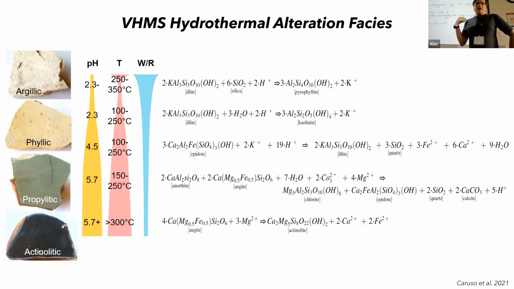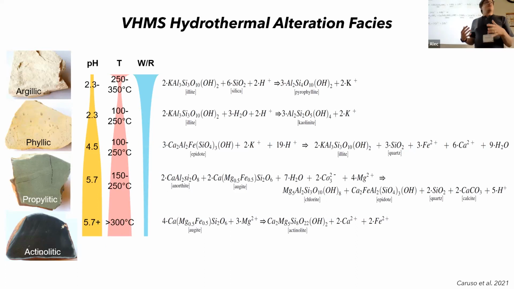And depending on where you are in that seafloor hydrothermal system, in the volume of rock that's actually getting altered, the alteration processes and reactions change alongside the prevailing conditions of pH, temperature, depth, and water to rock interaction ratio.